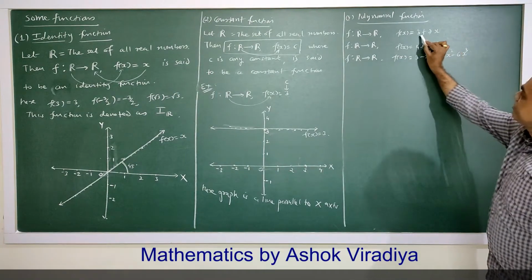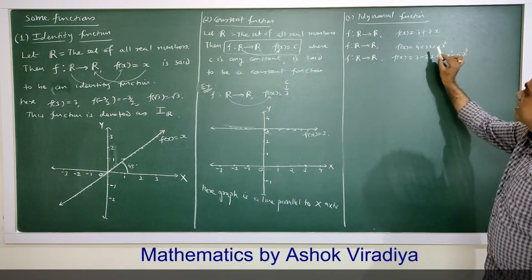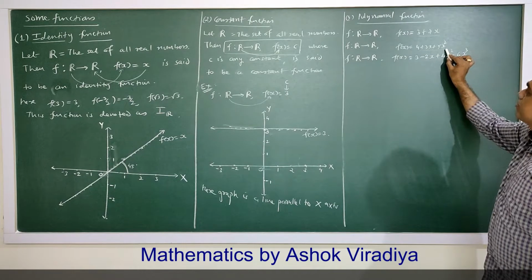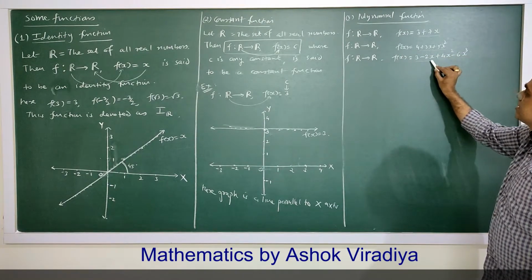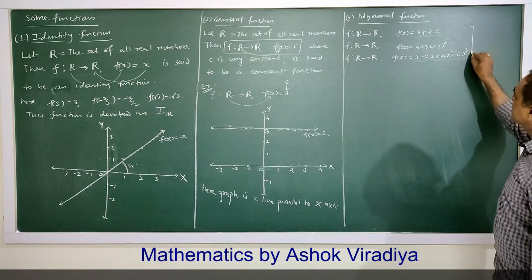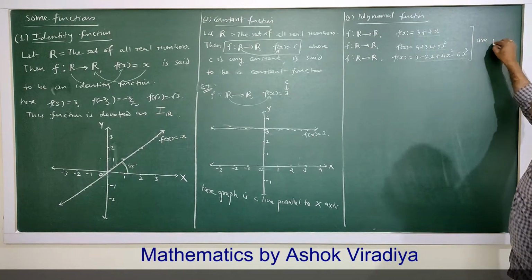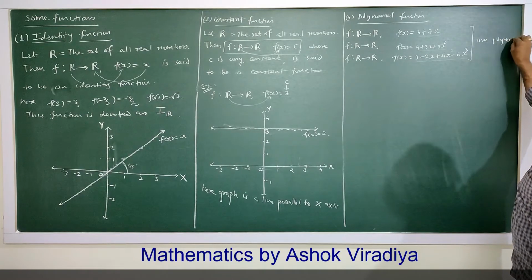See, here I am putting polynomials. This is a linear polynomial. This is a quadratic polynomial. This is a cubic polynomial. So if f(x) is a polynomial, then these are polynomial functions.